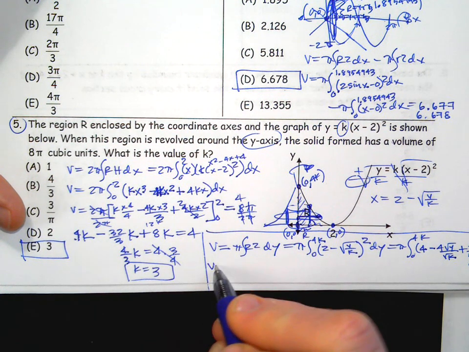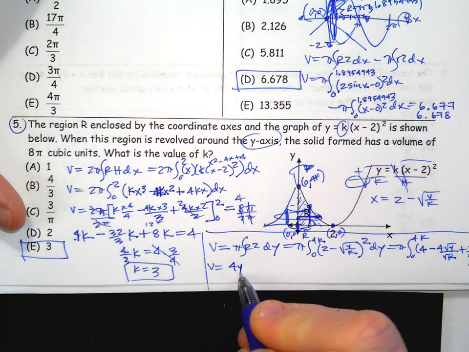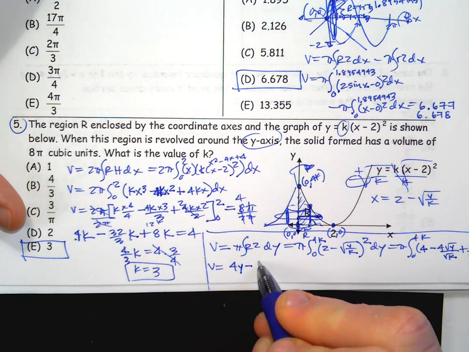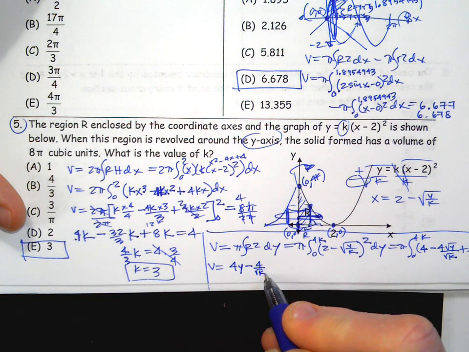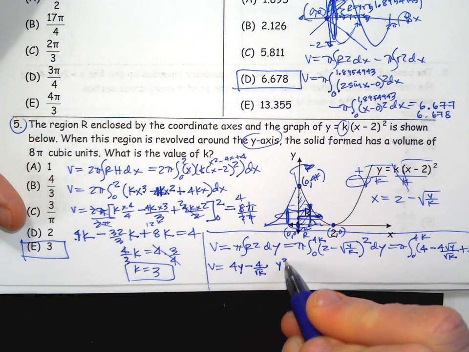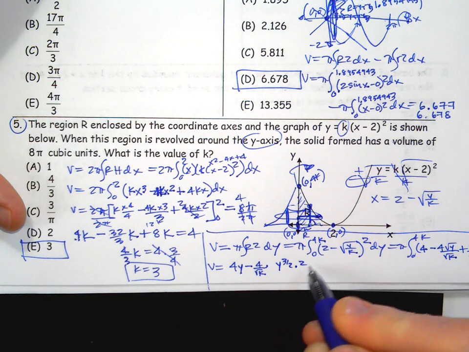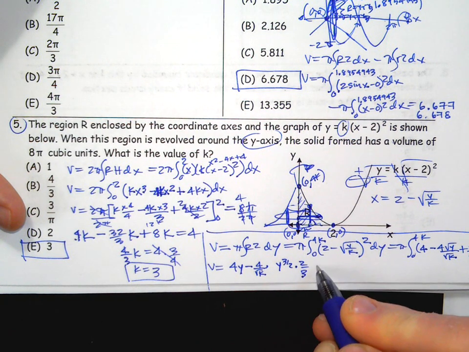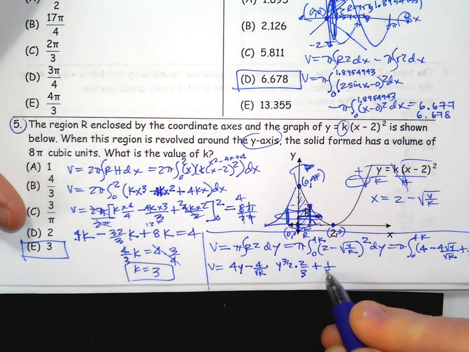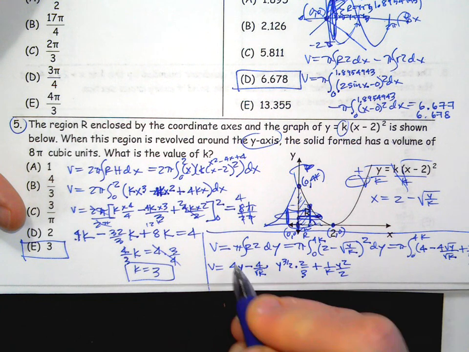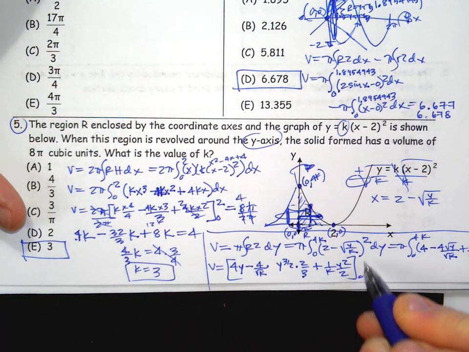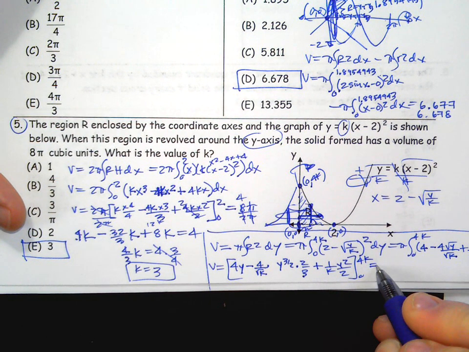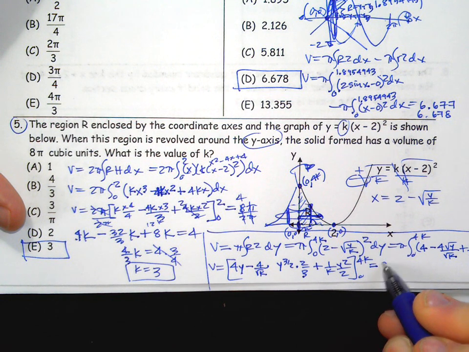So then we would get 4y minus 4 over square root of k, times y to the 3 halves, divided by the new exponent, multiplied by the reciprocal, plus 1 over k, y squared over 2, from 0 to 4k. And then we're going to set it equal to 8 pi eventually.